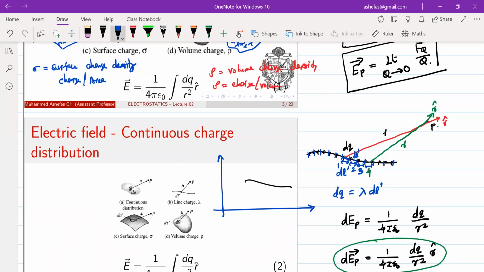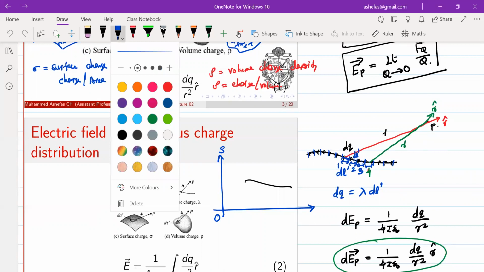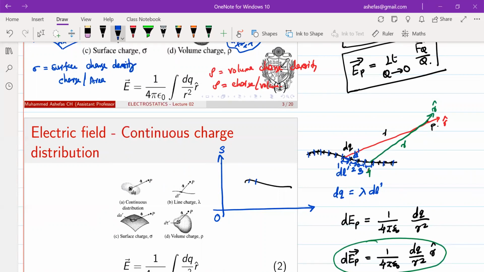Suppose this is our frame of reference S, and this is the origin. Now the vector from the origin, or the position vector, to the source is represented by the symbol R cap.